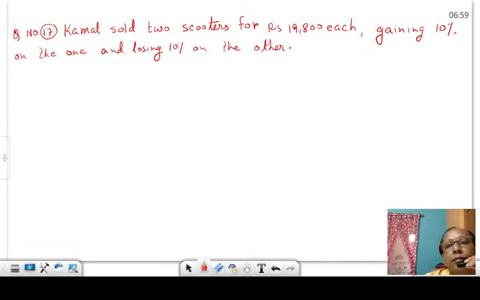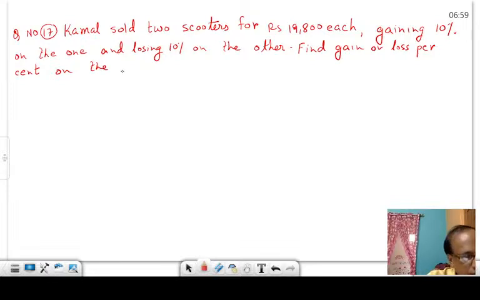Find the gain or loss percent on the whole transaction.